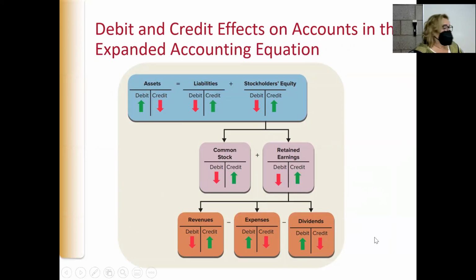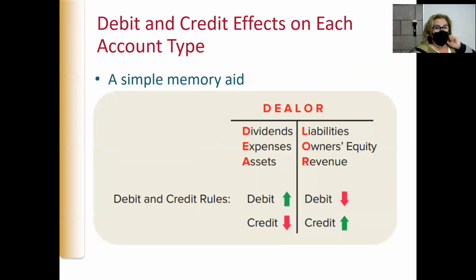Does everyone have it? Now, guys, this is helpful. DEALOR. If you look at the word dealer, DEA stays on the left side, LOR goes on the right side. Do you see, dividends, expenses, and assets have a normal debit balance?